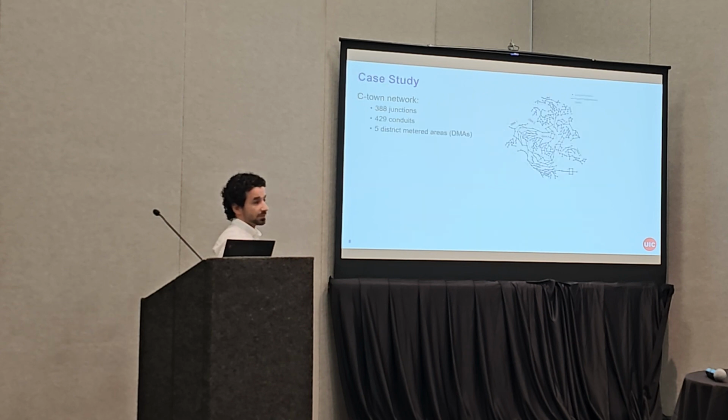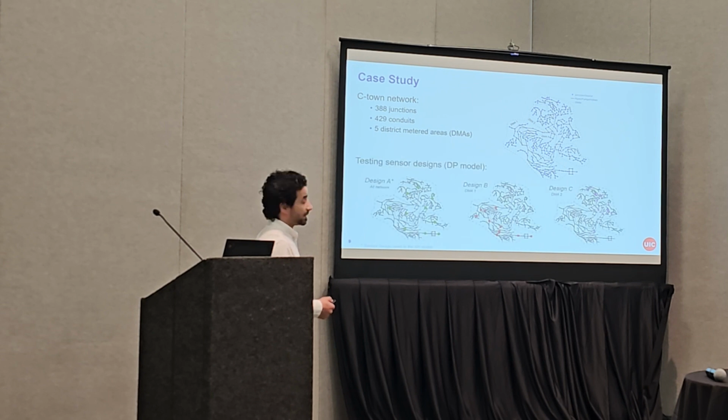The two models, the dynamic prediction and the static prediction models, were applied to the C-Town benchmark network. It consists of 388 junctions, 429 conduits, and 5 district metered areas. As I mentioned earlier, the dynamic prediction model is capable of working on different sensor designs. So to test this, we used 3 different sensor designs.